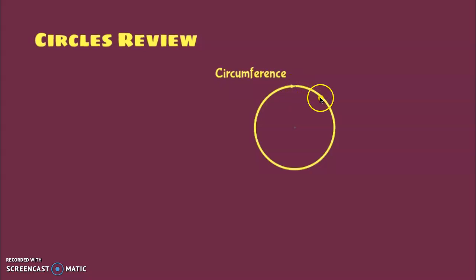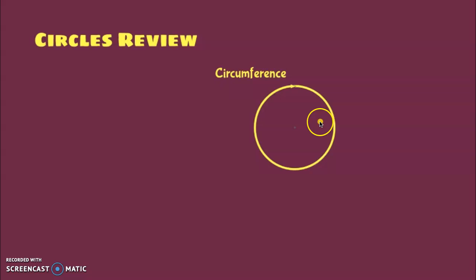And the circumference would be the perimeter of the circle or the distance around it. And that brings us to another special characteristic of circles. If we were to measure around any circle and then measure across the circle through the center to find the diameter, and if we were then to divide the circumference by the diameter, we get this magic number every time.